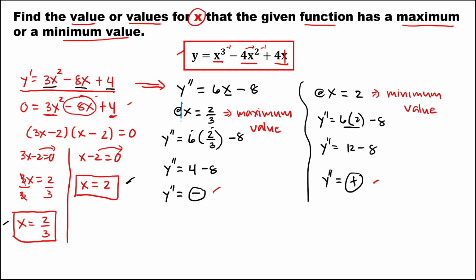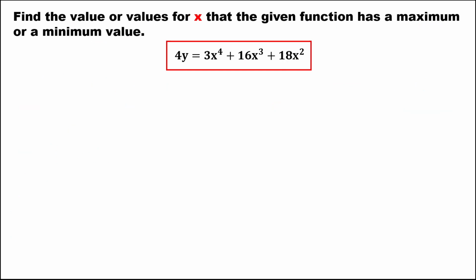So therefore x equals positive 2 over 3 for the maximum value, and x equals positive 2 for the minimum value.